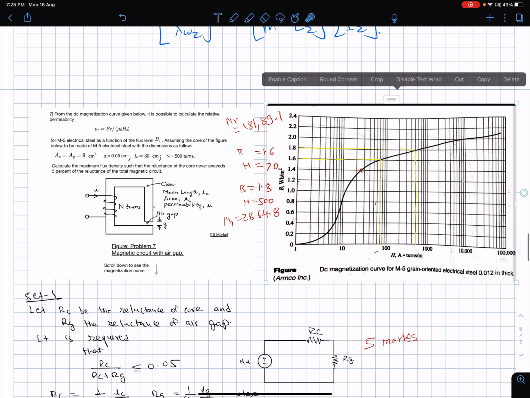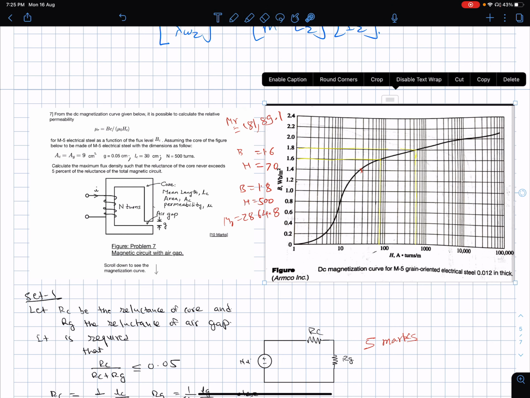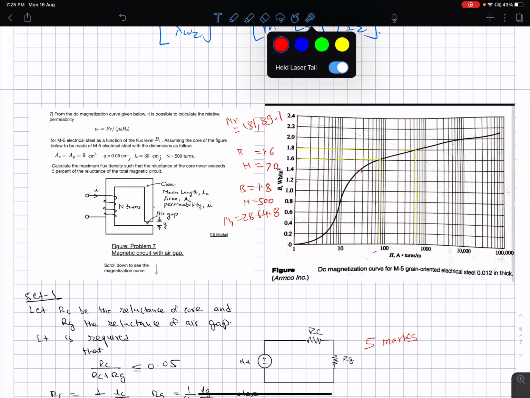To do that, I am taking two random points here. I take one point here, and one point here. I have written the B and the H value. Now please note that the sheet we have given you here is a semi-log sheet.